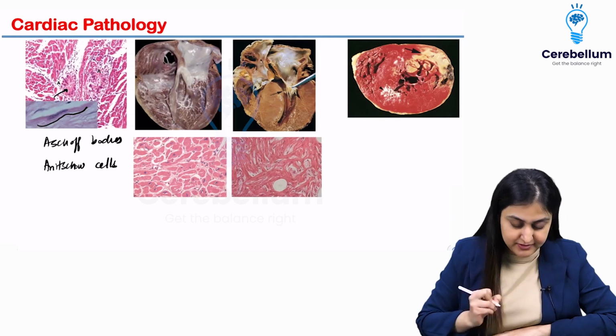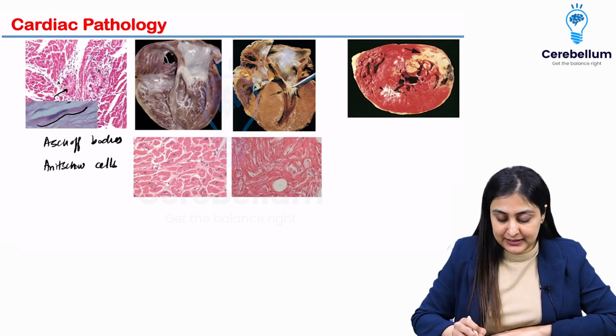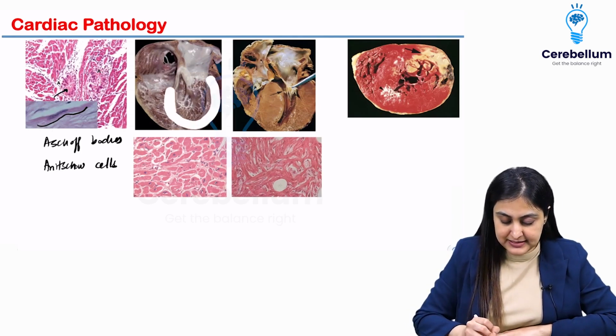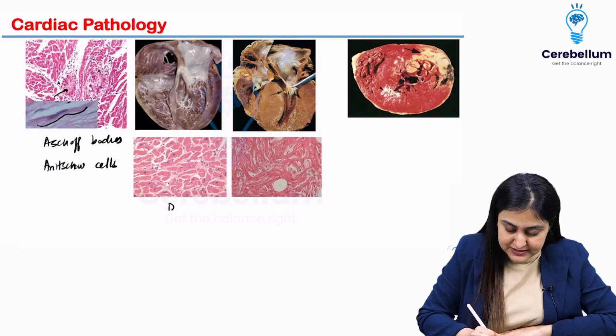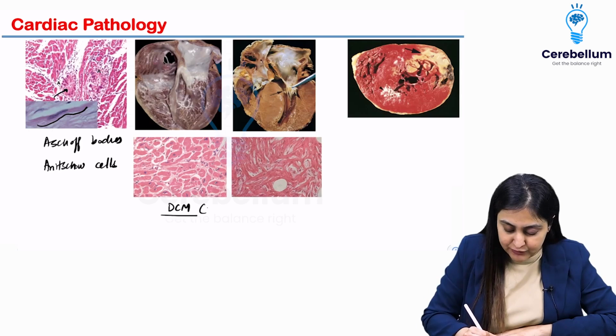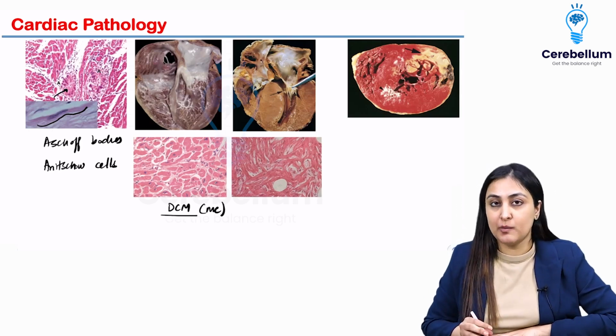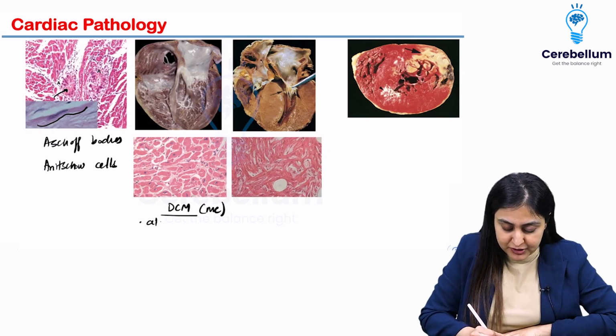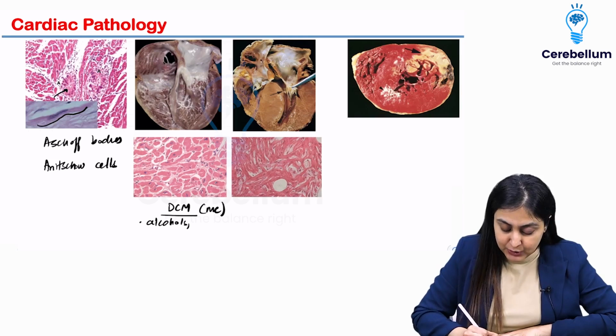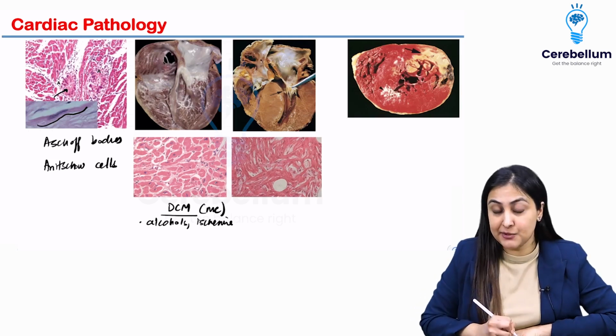On the other hand, looking at these two hearts, what you can see is this dilated chamber. This is dilated cardiomyopathy, overall the most common type of cardiomyopathy. A few of the risk factors are alcohol, and you want to remember even ischemia can cause dilated cardiomyopathy.